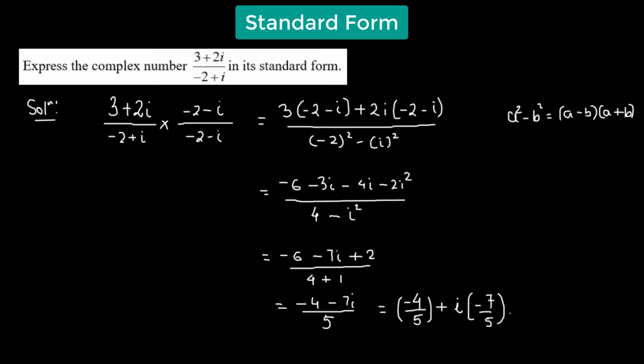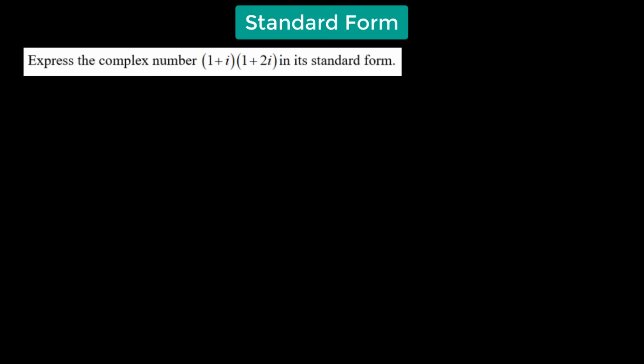Let's do another one. So in this question, we have two complex numbers multiplied to each other. After multiplication, the product must be expressed in its standard form. So let us begin by first multiplying the two complex numbers. So we have 1 multiplied to (1 + 2i) plus i multiplied to (1 + 2i).